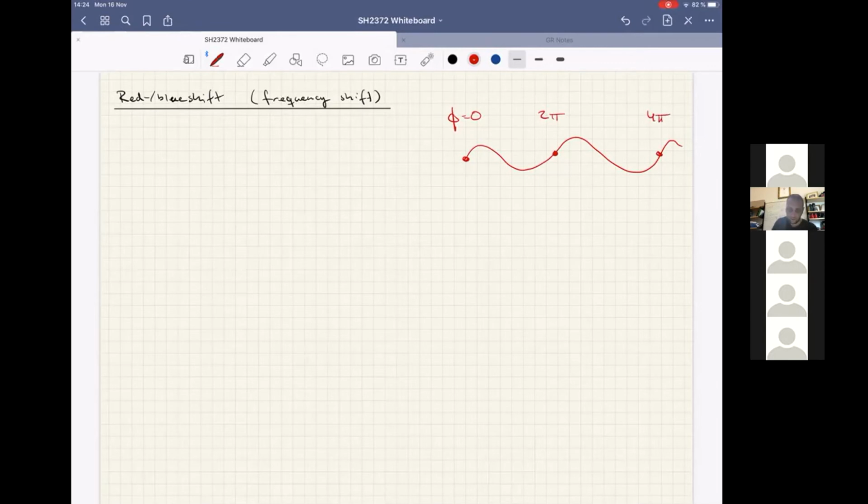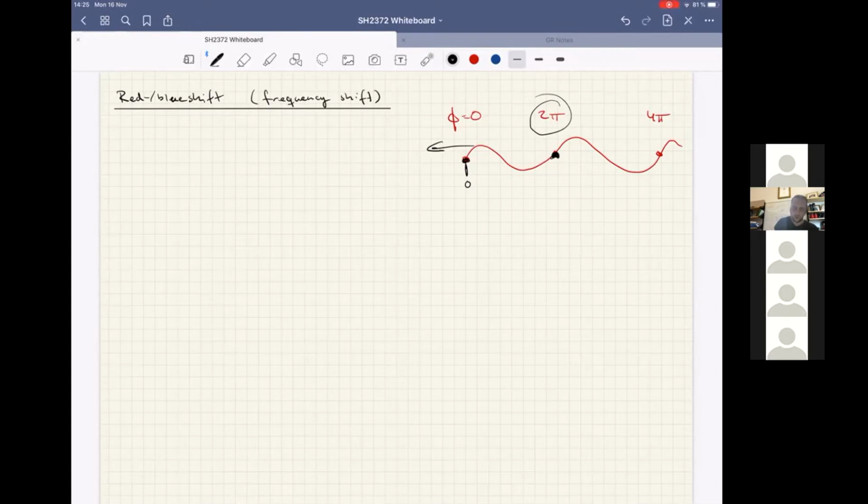Now, when this wave moves, if I am an observer standing here at 0 and the wave moves to the left, eventually I'm going to end up with a phase value of 2 pi. The time it takes for me to reach a phase value of 2 pi is one period of the wave. And so the frequency of the wave is 1 divided by that period.